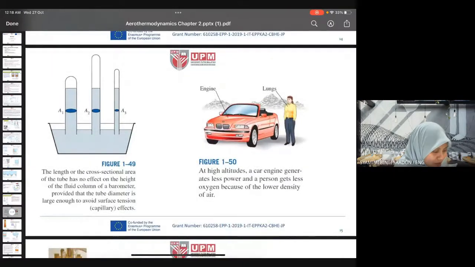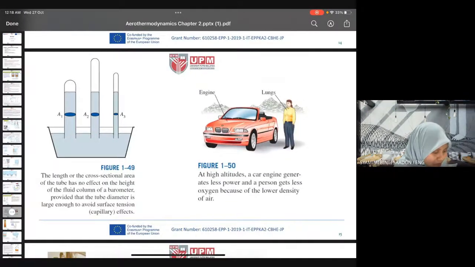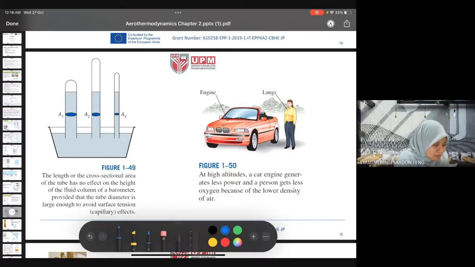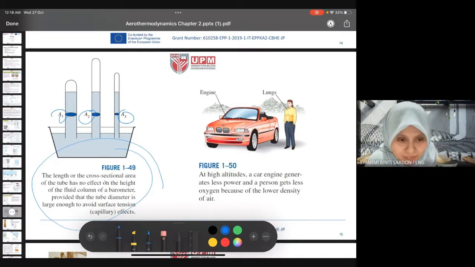These are the applications. This is the interesting part here. The cross-sectional areas A1, A2, A3 are different, right? A1 is bigger than A2 and bigger than A3.